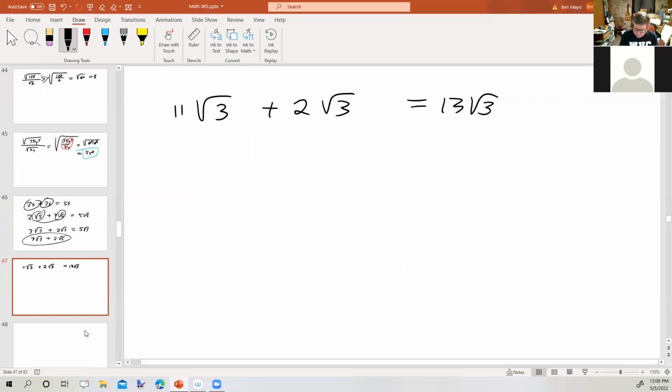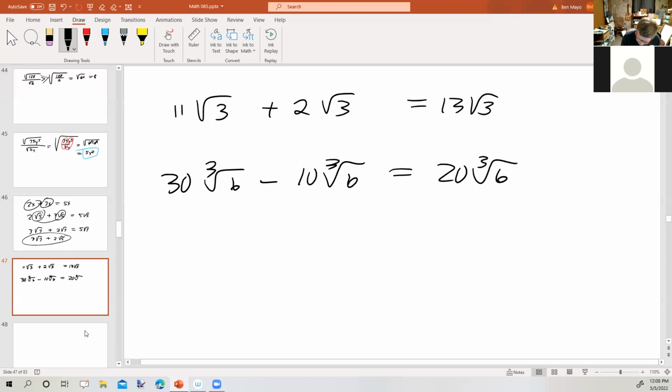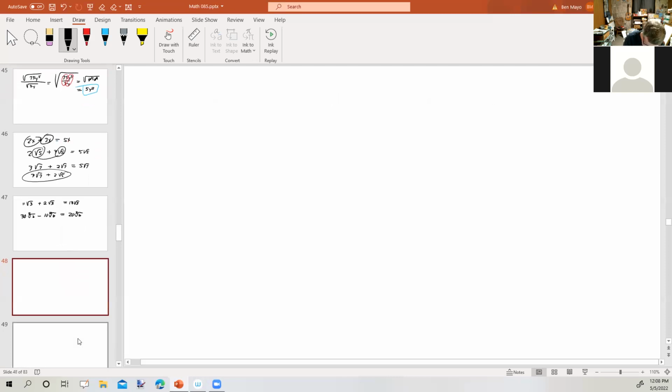Any questions there? 30 cube roots of 6 minus 10 cube roots of 6 would be 20 cube roots of 6, because those are like radicals. So far, so good? Yes.